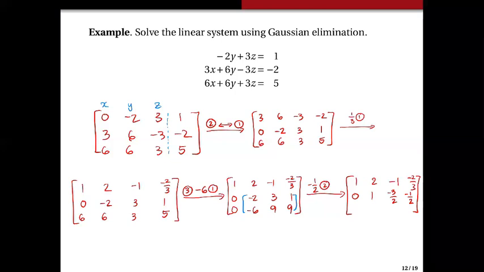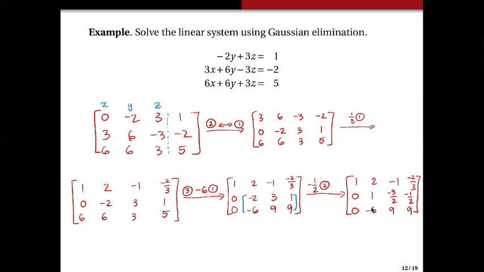And then we did not do anything on the third row. So we'll just copy it. 0, negative 6, 9, 9. So this guy here, it's a leading one now. We want to make all the entries below this leading one 0.